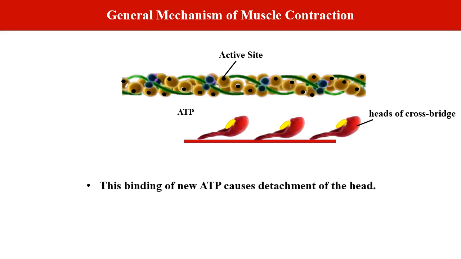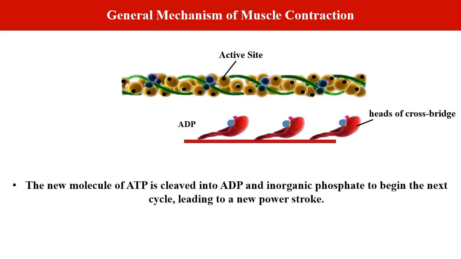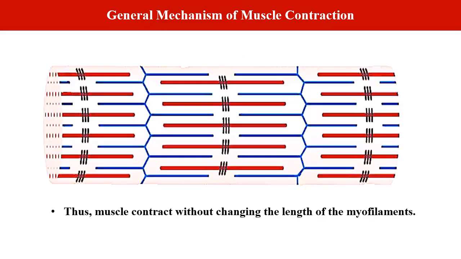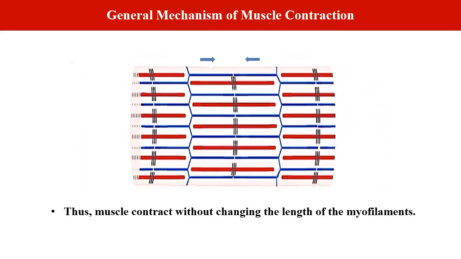This binding of new ATP causes detachment of the head. A new molecule of ATP is cleaved into ADP and inorganic phosphate to begin the next cycle, leading to a new power stroke. Thus, muscle contracts without changing the length of the myofilaments.